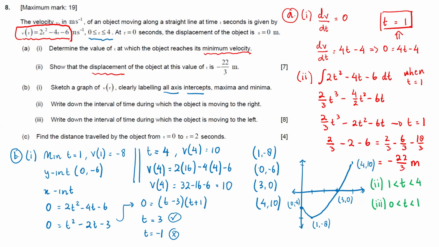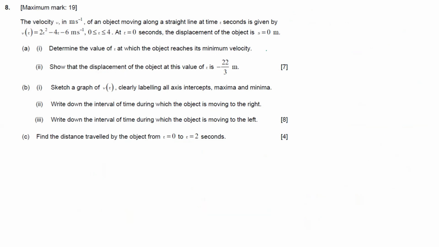So for part C we have the integral of 2t squared minus 4t minus 6 dt, between 0 and 2 seconds. Why do we use a definite integral for distance? It's the same thing as finding the area between the graph and the axis. That's how we can find the distance traveled.